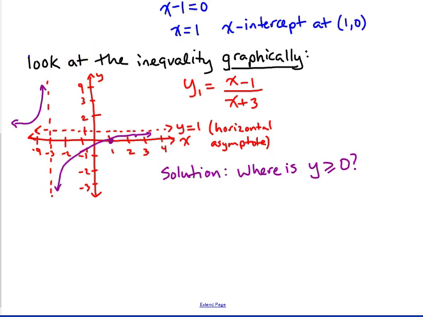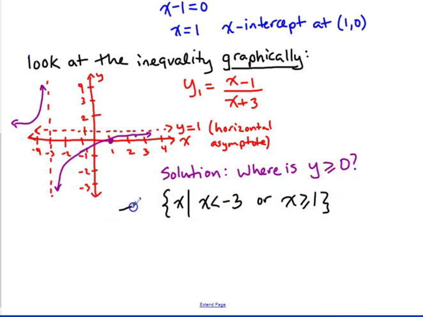So if I were to write this in set builder notation, x such that x is less than -3, all those points right up to -3. And then once we get to 1 and go bigger, including 1, those all satisfy the inequality as well.